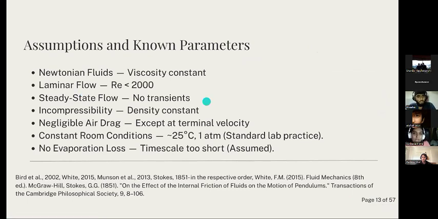We assume that all of the fluids are perfectly Newtonian with constant viscosity. We assume that they have a perfectly laminar flow as well as no transients. We assume that all of our fluids are incompressible and have negligible air drag. We also assume constant room conditions, which is 25 degrees centigrade and 1 atm as in standard lab practice. We also disregard any evaporation loss.